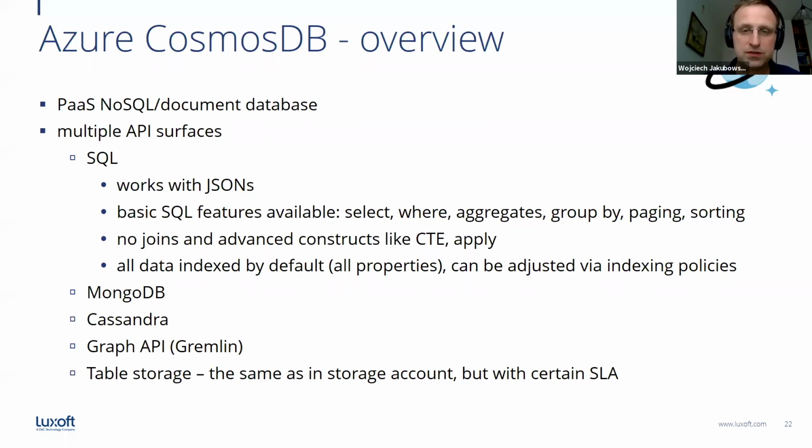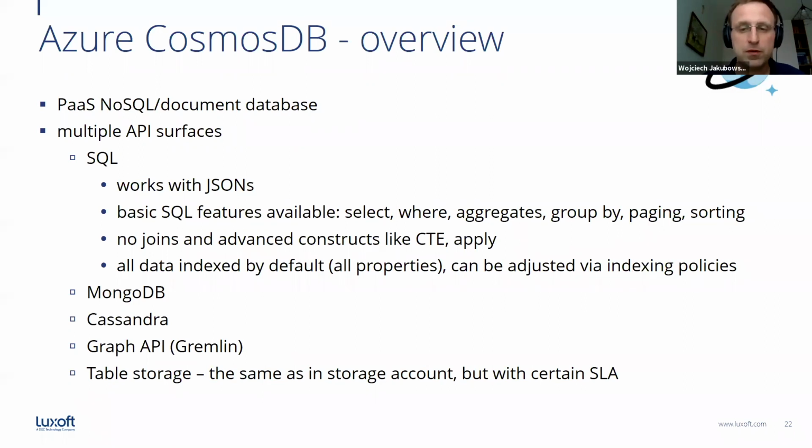And Table storage is basically the same as in storage accounts, but this time it has a certain performance SLA. So it's like a premium version of Table storage. The whole idea is that it's easy to migrate systems from MongoDB or Cassandra to CosmosDB. Theoretically, all the client applications should work out of the box.